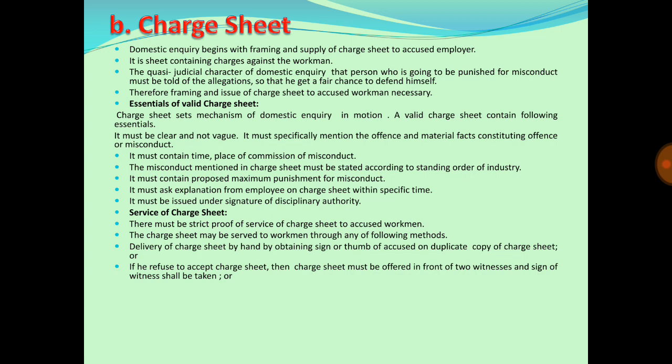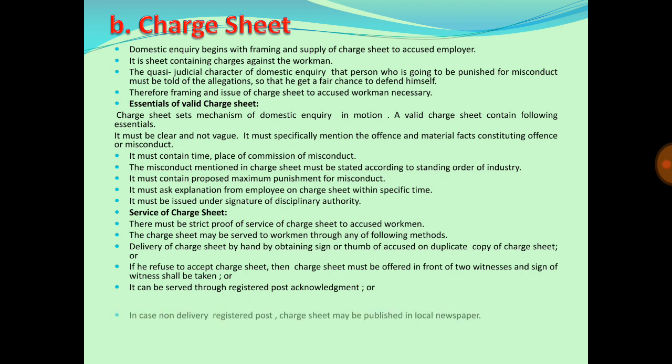Secondly, when he refuses to accept the charge sheet, then two witnesses should be called and their signatures taken with a remark that the person has refused to accept the charge sheet. Or thirdly, it can be served by registered post acknowledgement due, RPAD.